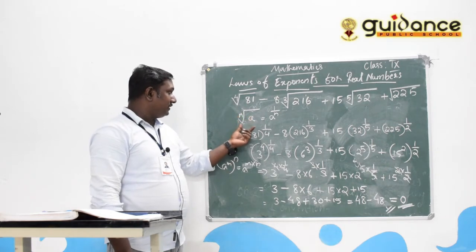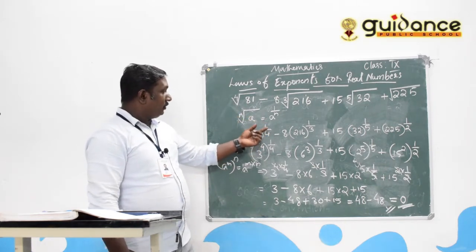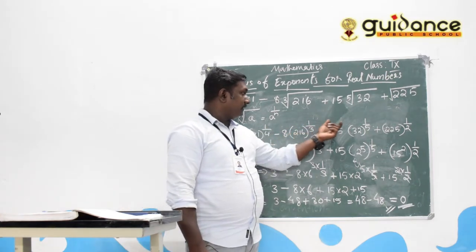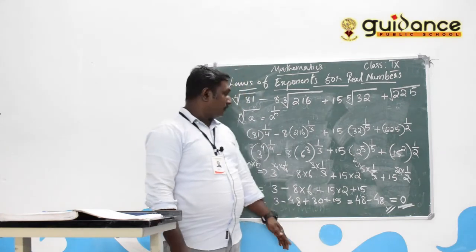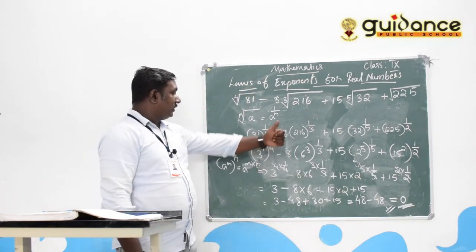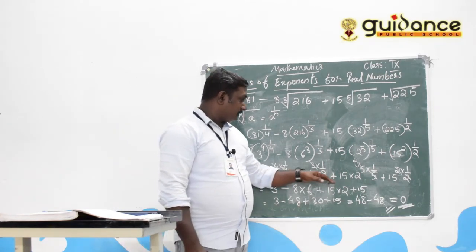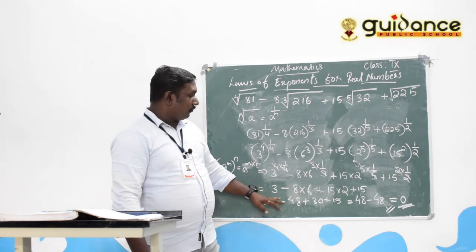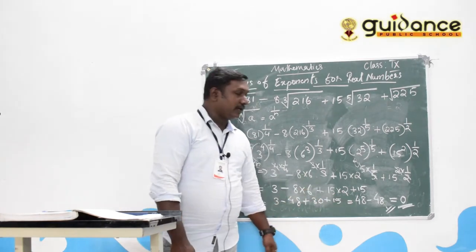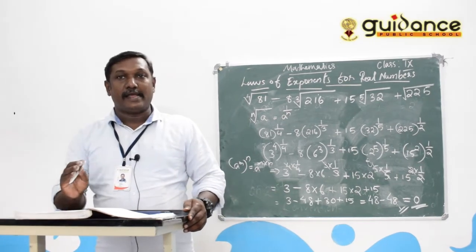So according to this identity, we can write 81 all raised to 1 by 4, 216 all raised to 1 by 3, 32 all raised to 1 by 5, 225 all raised to 1 by 2. After cancelling the numerator and denominator, we will get the natural numbers 3, 6, 2 and 15. After multiplying, we get 48 minus 48 equal to 0. Do you understand?